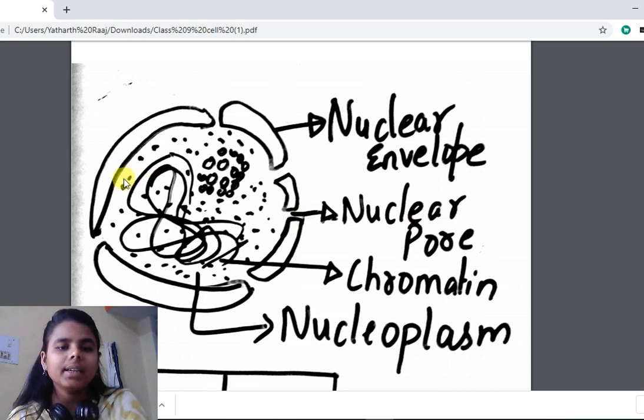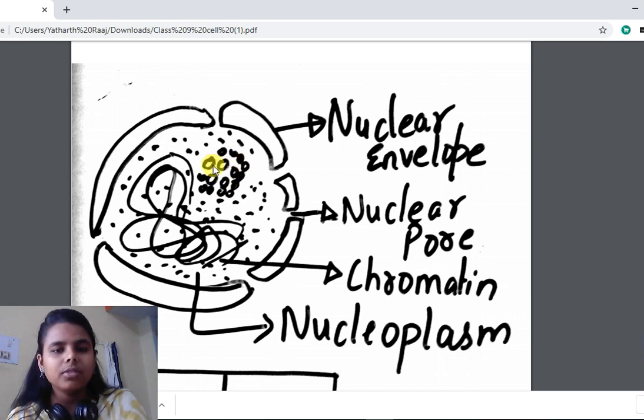Chromatin is the tangled mass of thread-like structure. And nucleoplasm is the liquid or the fluid which is inside the nucleus. And this granular structure is the nucleolus.